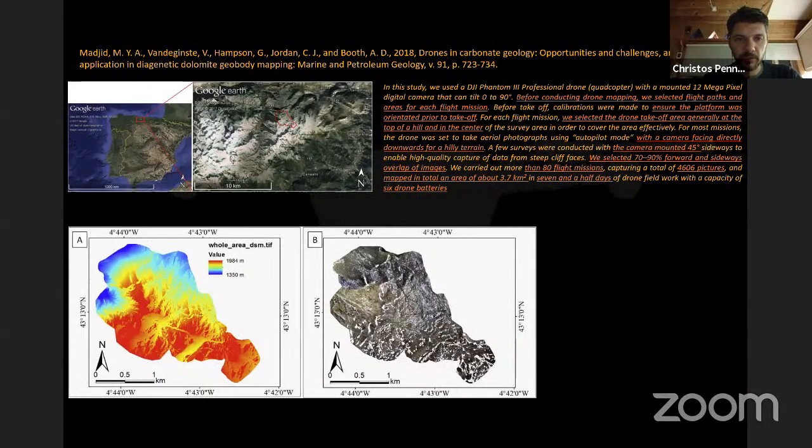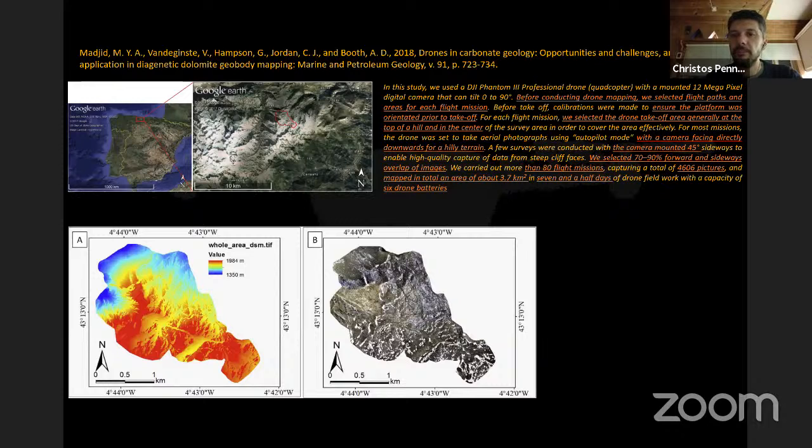And probably this was done, although they are not saying it, I can understand, in order to maintain the drone in line of sight, never losing the drone from their eyes. Then they describe that they performed their mission with the camera facing directly downwards for hilly terrain.